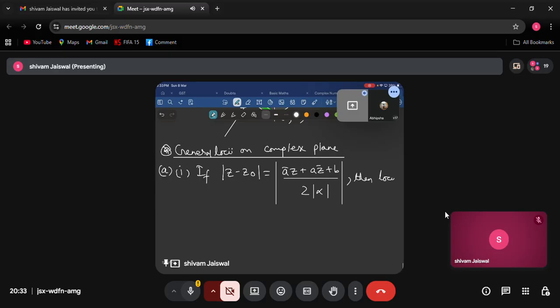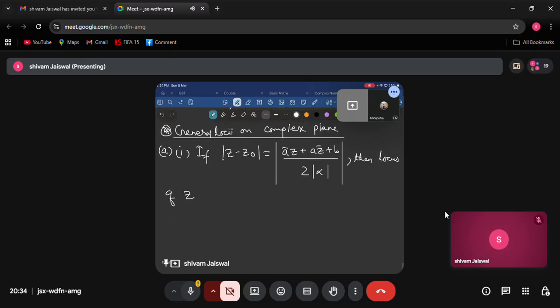is a parabola. Sir, what is alpha here? 2 mod of alpha means alpha is the distance of a point. So what is given over here means, let us say h comma k is a variable point and this z.